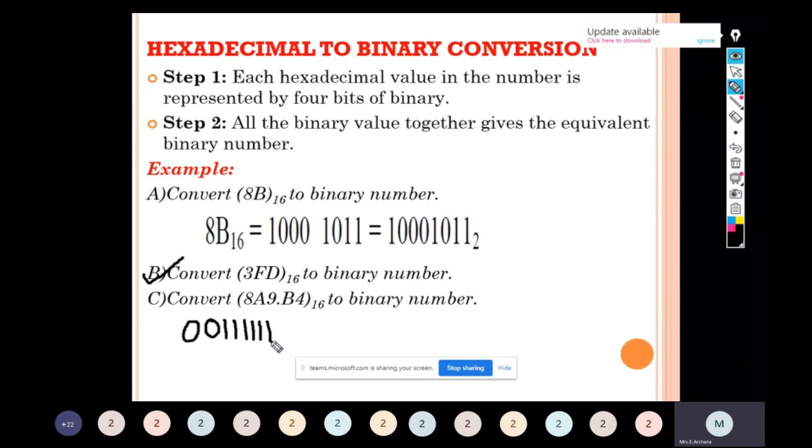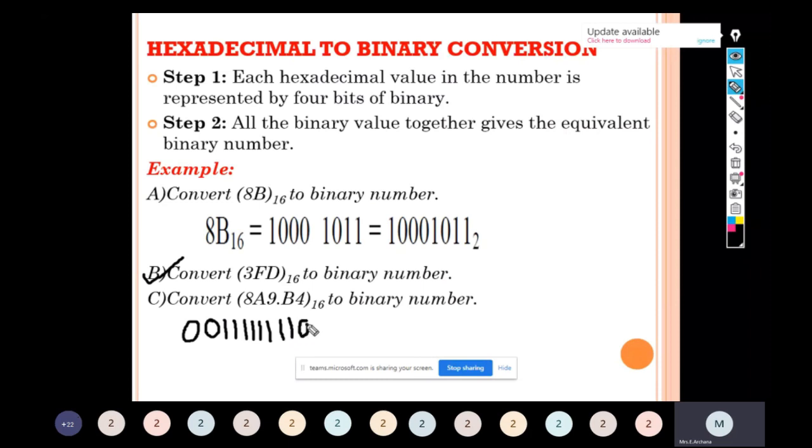A stands for 10, B 11, C 12, D 13, E 14, F 15. So the next one will be 13. So 8421: 8 place is 1, 4 place is 1, 2 place is 0, 1 place is 1.